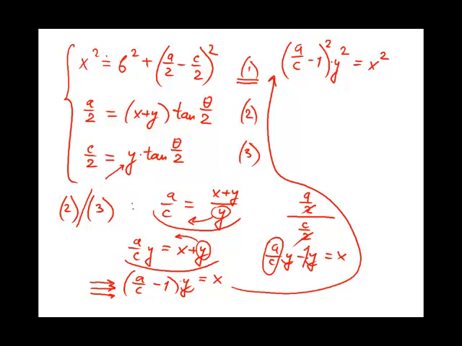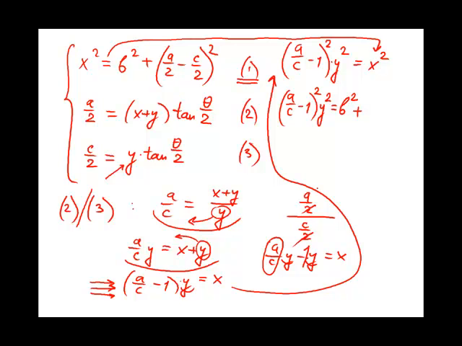Now I take x squared from equation 1 and substitute in here. I get a over c minus 1 squared, y squared, equals b squared plus a over 2 minus c over 2, squared.